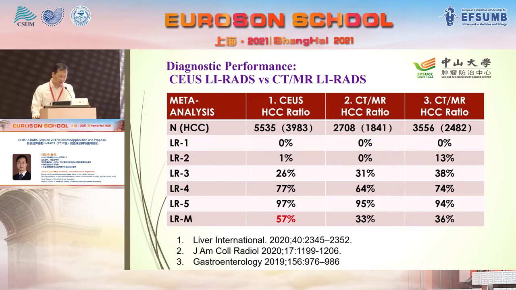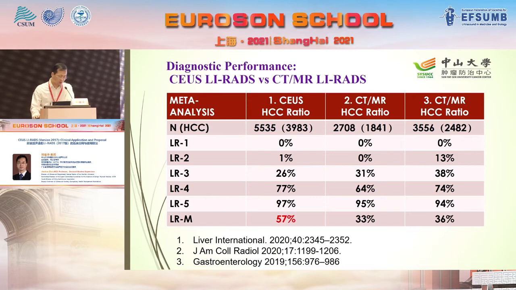And when we look at the proportion of HCC in each category, these data come from three newly published meta-analyses showing 13.7% of HCC was found in LR-M, which is higher than that of CT and MRI LI-RADS.